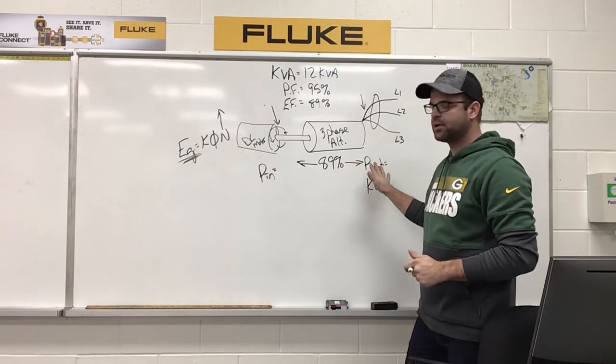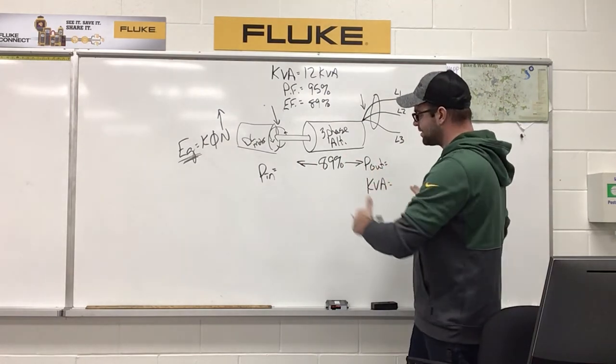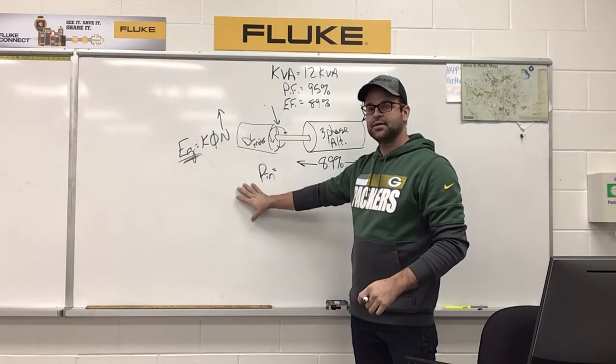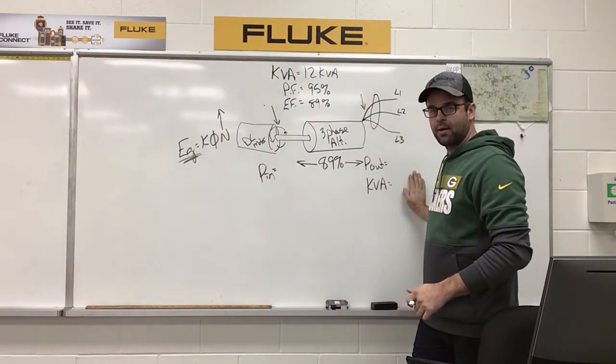So always remember when you're doing these calculations, if you lay them out like this, your power in on the left-hand side is always going to be bigger than what your power output is.